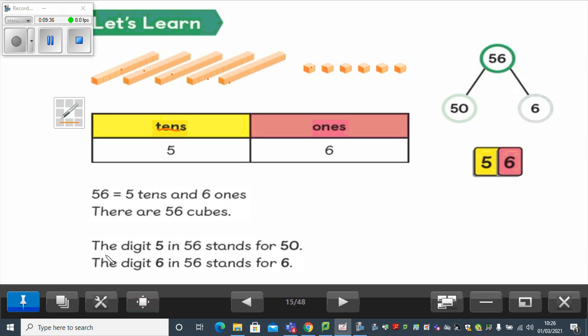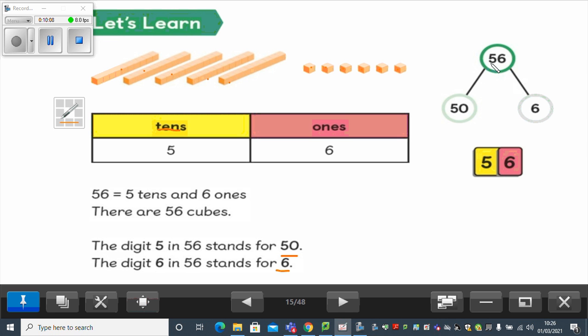And as we've just seen, the digit 5 in 56 stands for 50. And the digit 6 in 56 stands for 6. Let's have a look at our whole part model. So our whole number is 56. And then we can partition it. So to pull it apart into the tens and ones, we can show the value of the digits.